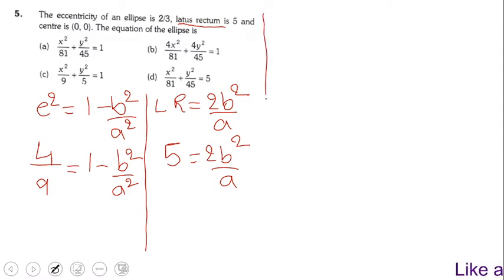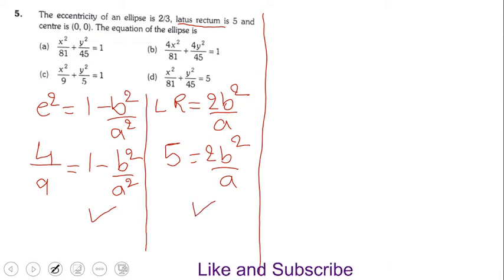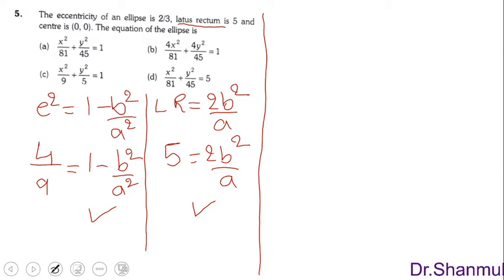So these two equations. From the first equation we have to write a solution for b square, and from the second equation we have to write a solution for b square, and LHS is b square in both equations. RHS we have to equate, and we get a and b value, or a square or b square value.